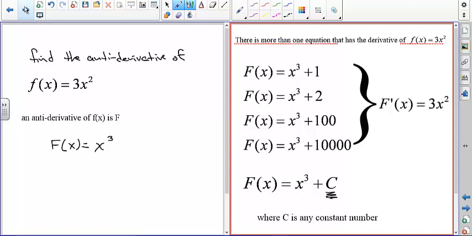So when we actually take the antiderivative or the integral, we always add what we call an arbitrary constant. So it says C is any constant number. We use the word arbitrary constant because arbitrary means that at this point it can be any constant. Arbitrary constant. So that's what C is.